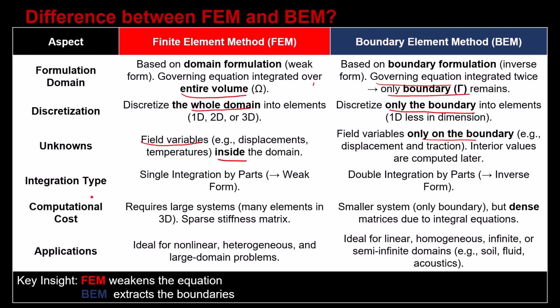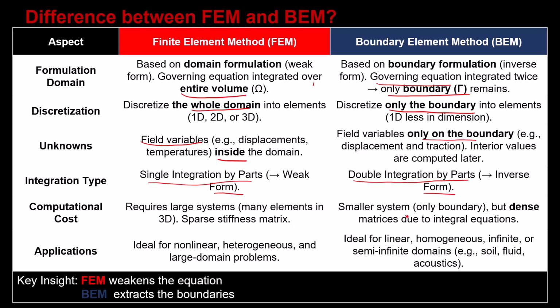Considering the integration type, we have just a single integration by parts to reach the weak form in finite element, but in boundary element we have double integration by parts to reach the inverse form. Considering the computational cost, FEM requires large systems, many elements, especially in 3 dimensions, and we have sparse stiffness matrices for FEM.